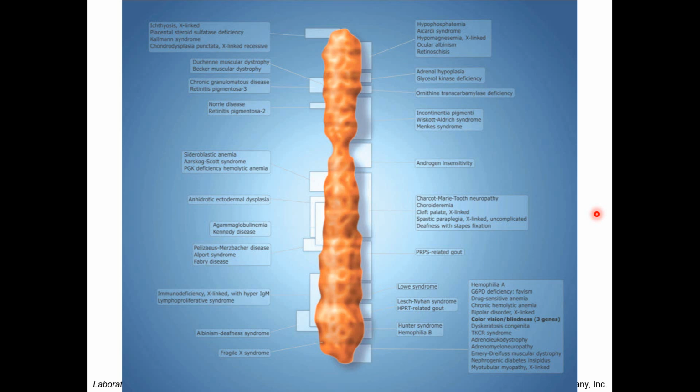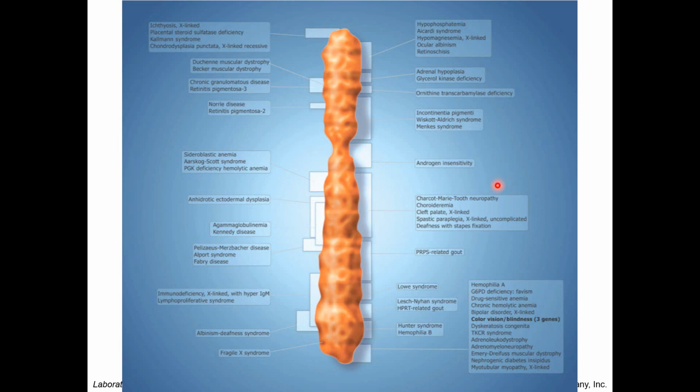Color vision is down here, right, in this last section. And there's more, right? You can pause the video. This is also in your lab book, I believe, as well as your lab notes. I've put them in there so you can take a look at this and try it out, or just really look at the different X-linked traits that we have.